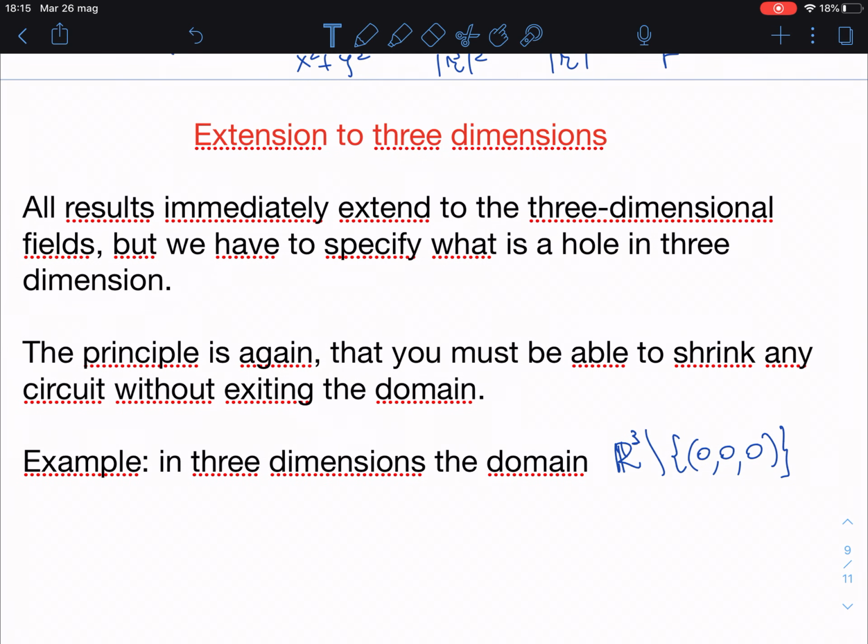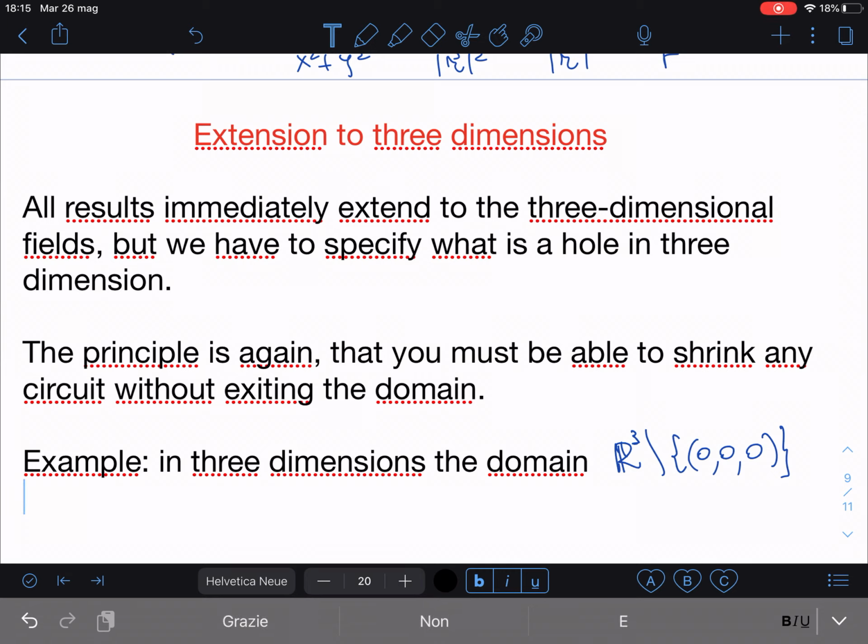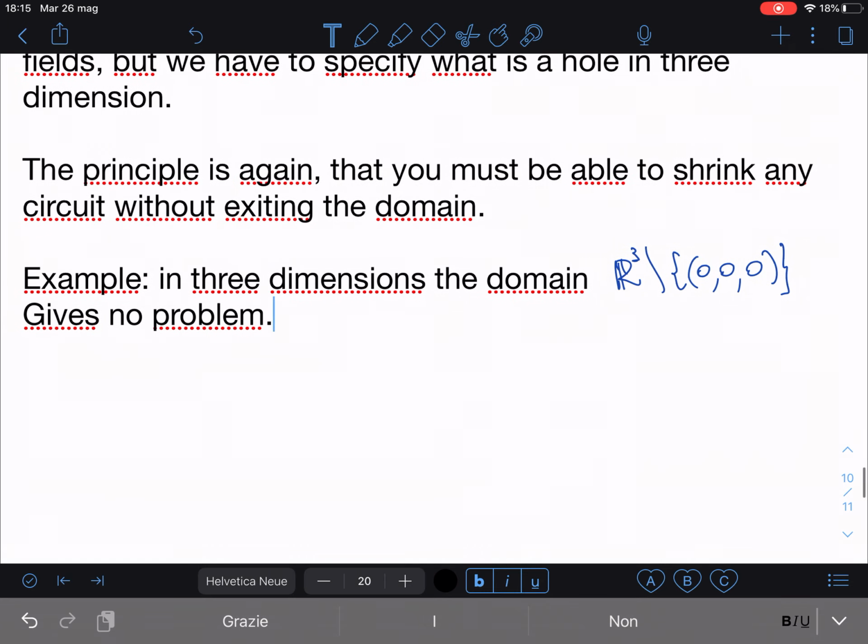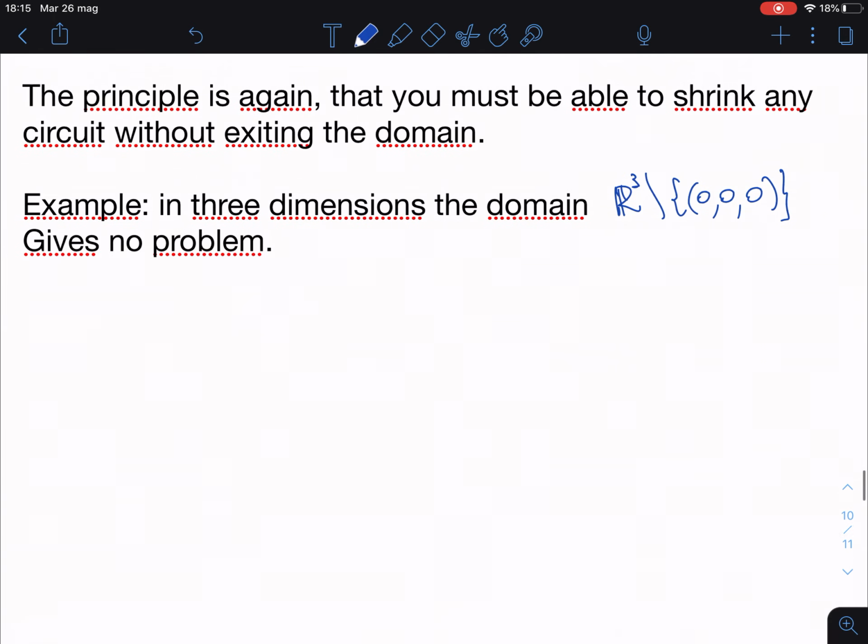This is quite surprising, perhaps, but why? Because this time you are in 3 dimensions.